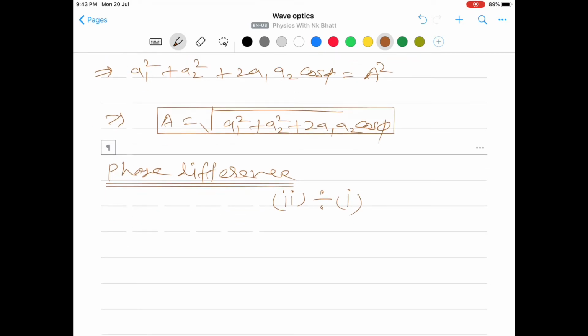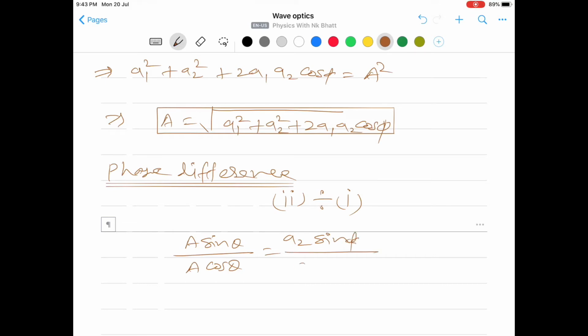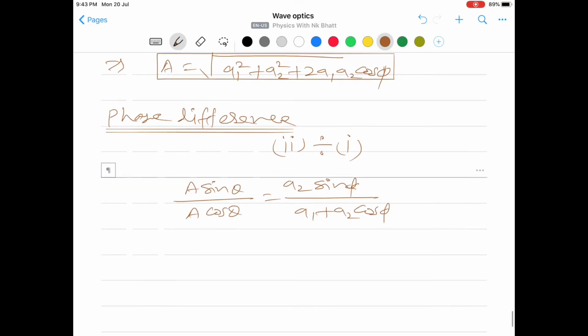If you divide them, you will get A sin theta upon A cos theta is equal to a2 sin phi upon a1 plus a2 cos phi.